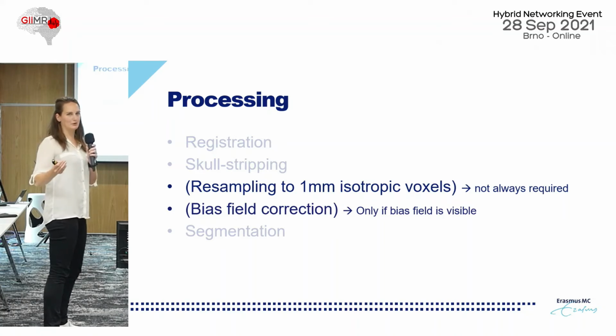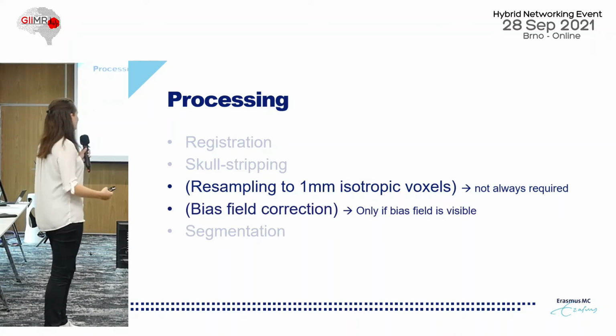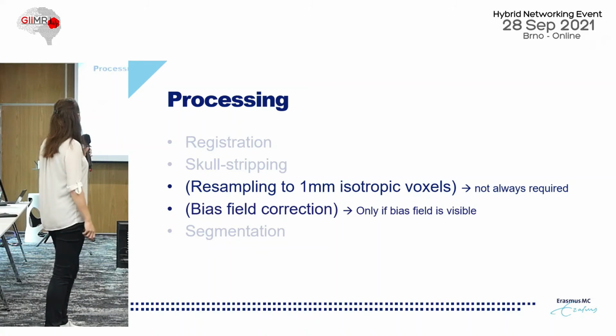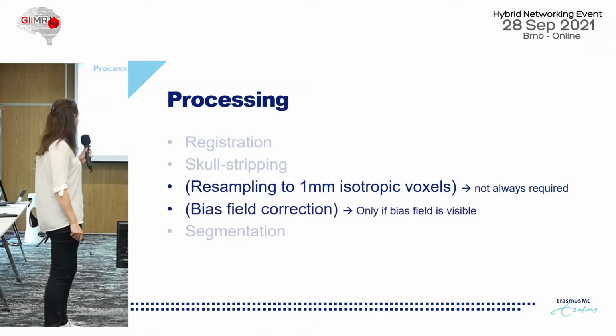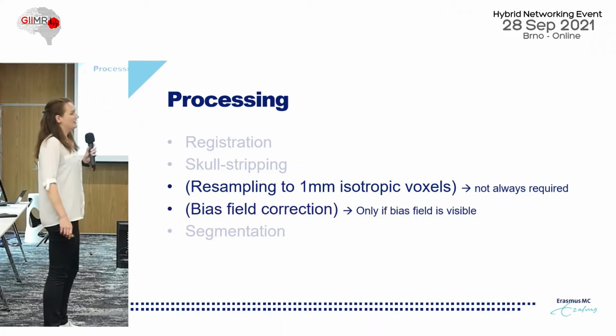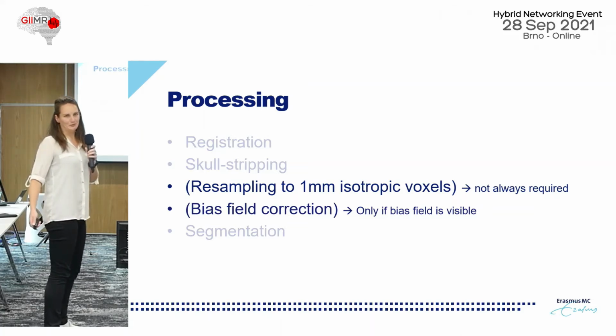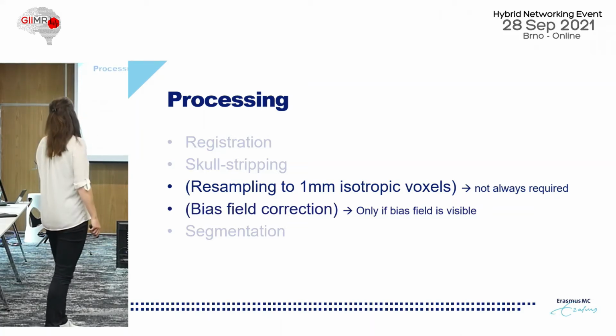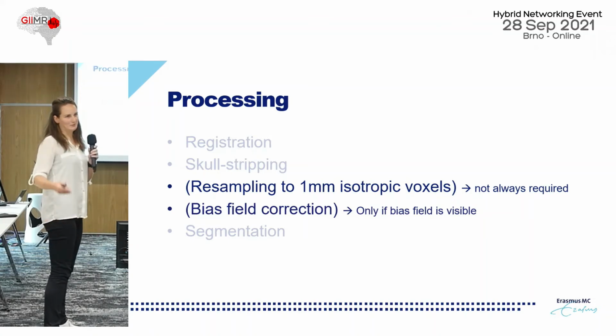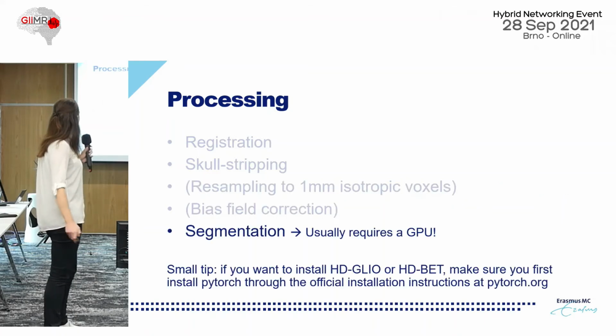HD-GLIO doesn't require resampling, but the BraTS data set is resampled to 1 millimeter isotropic voxels. Bias field correction, you only need it if the bias field is visible. In our data, sadly, we do have to do bias field correction, but that depends on your scans.